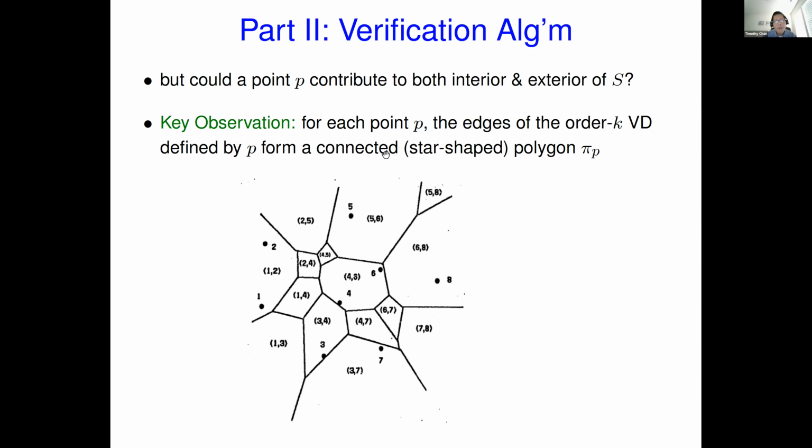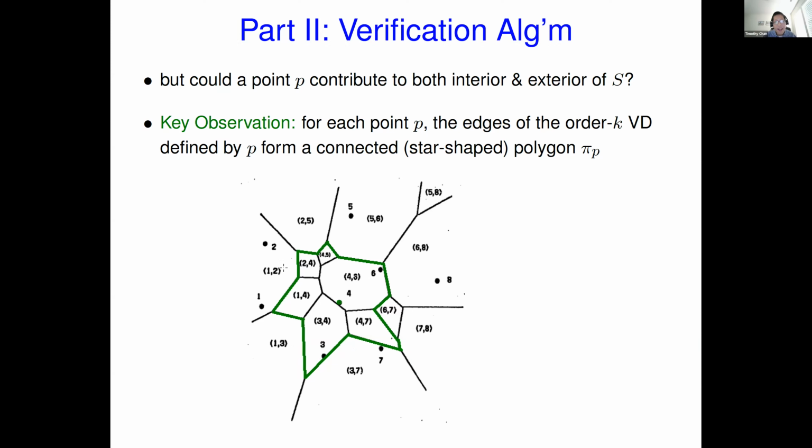Namely, if you fix one point and look at all the edges of the order K Voronoi diagram that are defined by that point, like the ones defined by point number 4 here, then what you see is a connected polygon. In particular, it's a star-shaped polygon. Hopefully, by looking at the example, you'll be convinced.